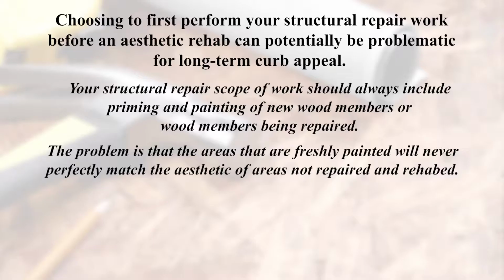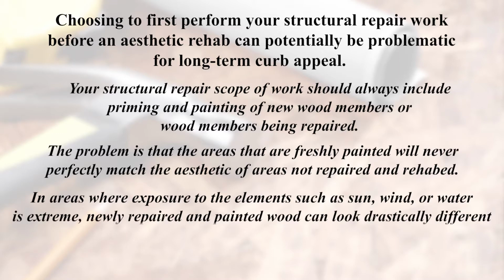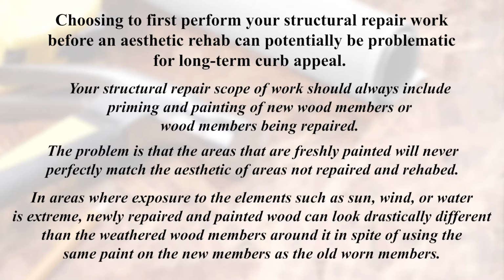Even when you use the same paint from the same manufacturer, using the exact same paint code, there is always the possibility that new repaired wood members will have a slightly different look next to wood members that have old weathered paint and have been exposed to the elements for a long time. In areas where exposure to the sun and elements, wind or water is extreme, newly repaired and painted wood can look drastically different than the weathered wood members around it, in spite of using the same paint on the new members as the old members.